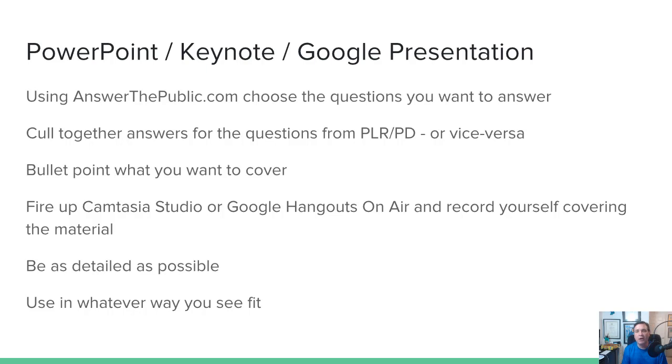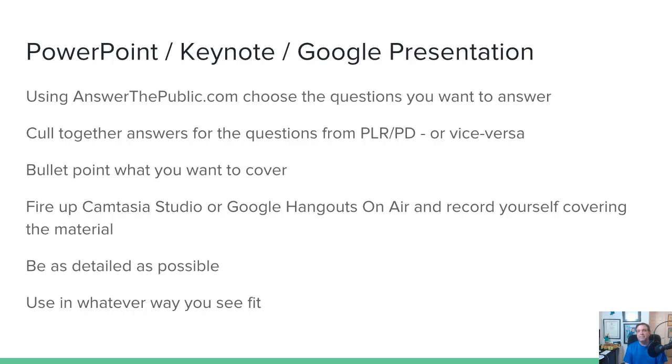So let's walk through the process here. First, you're going to want to use Answer the Public to choose questions that you want to answer, and then call together answers for the questions from your PLR or public domain material, or vice versa.